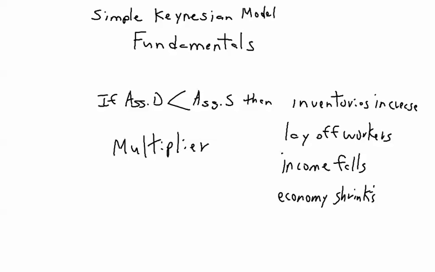So what is the multiplier? Well, the multiplier is this idea that when you hired those workers, remember in that rule when aggregate demand was greater than aggregate supply and you went out and you hired those workers, then you have to ask yourself the question, well, what did those workers do with that money? Well, they would have most likely spent some of it, maybe all of it, but certainly they would have spent some of it, and in the process of spending that money they would have caused aggregate demand to go up even more.